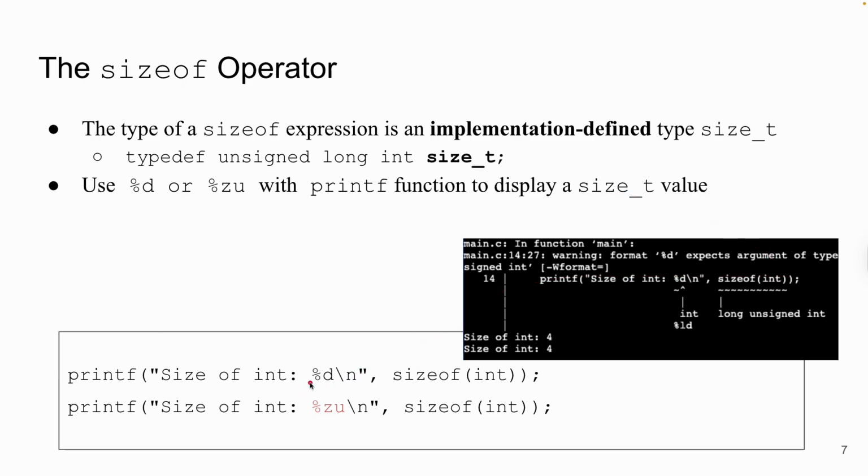If you use %d to print out the return value of the sizeof operator, you might get a warning message, but most of the time it is okay. So I'd say just use the one you like, and just know that %zu is the most appropriate way to print out a value with the type size_t.